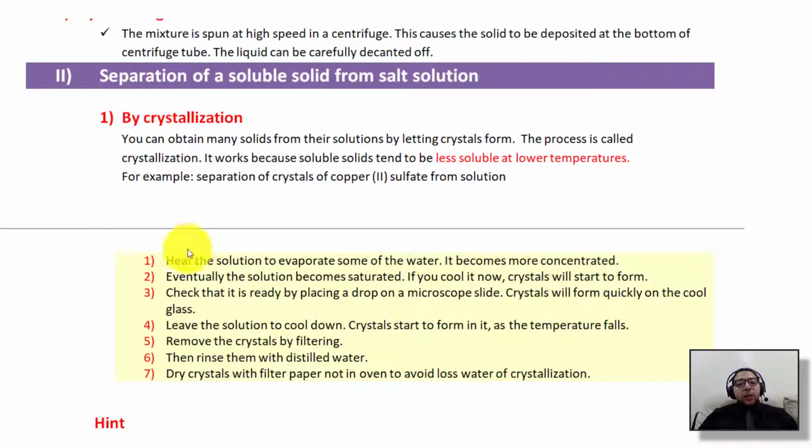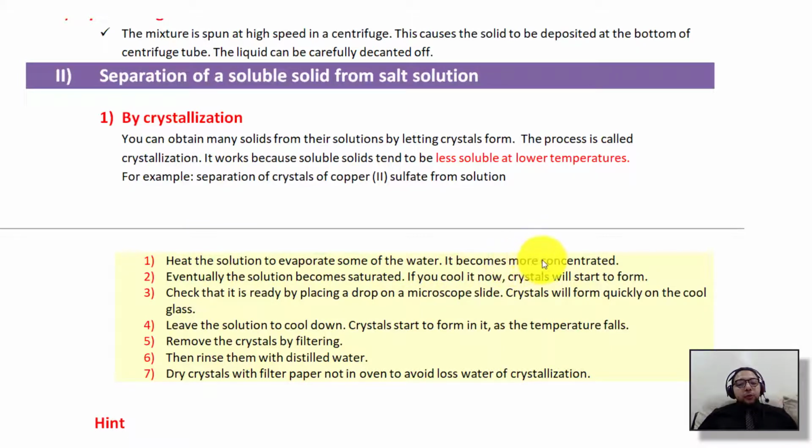You heat the solution until its temperature increases, and then you add the solute. You should dissolve as much solute as possible to make a saturated solution. When you have made a saturated solution, heat it to evaporate some of the water.